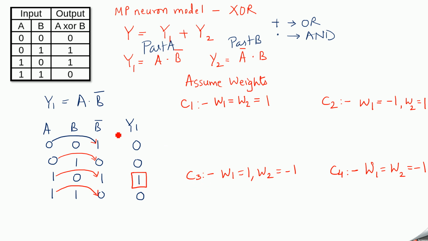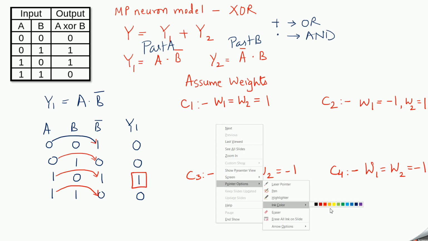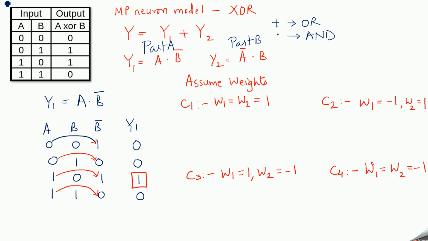So when we substitute the values for these respective weights, we get the answer when W1 and W2 are equal to 1. So how does the substitution of these weights take place?